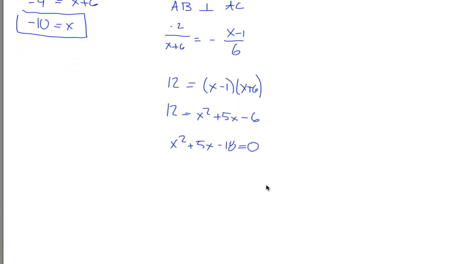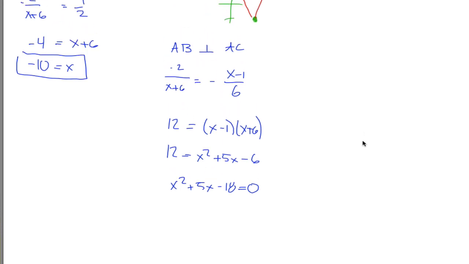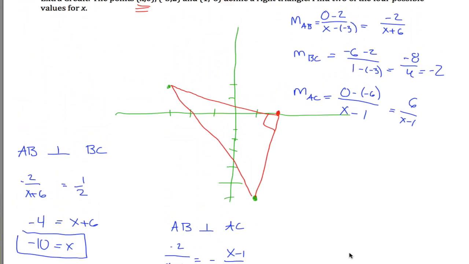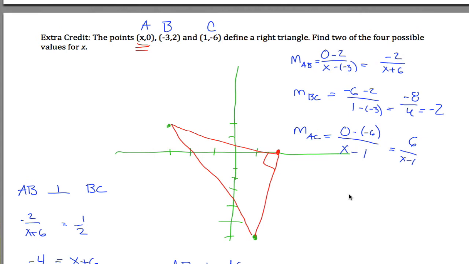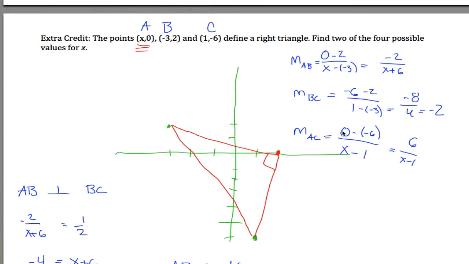I want two numbers that multiply to negative 18 and add to positive 5. Not sure two numbers exist. Did I do that right? Zero minus negative 6 is 6, x minus 1, and then this was 0 minus 2, x minus negative 3.